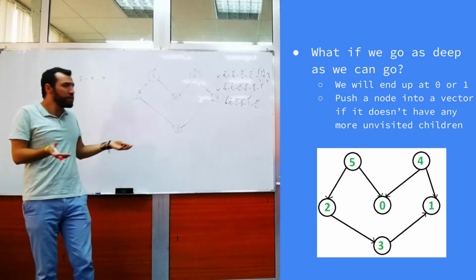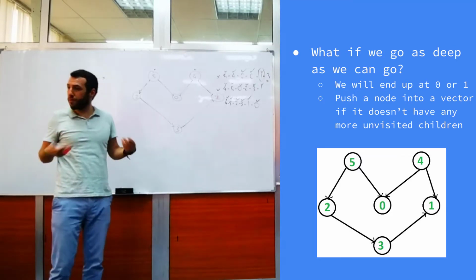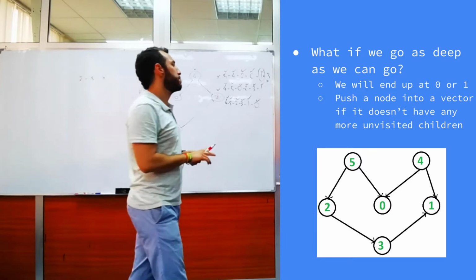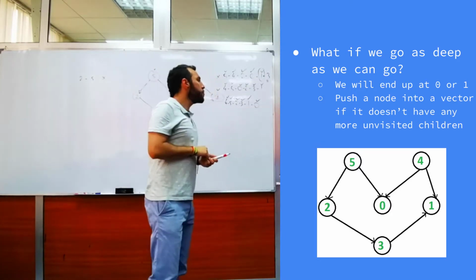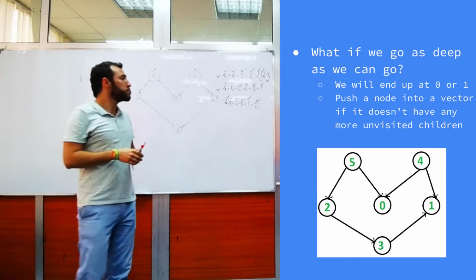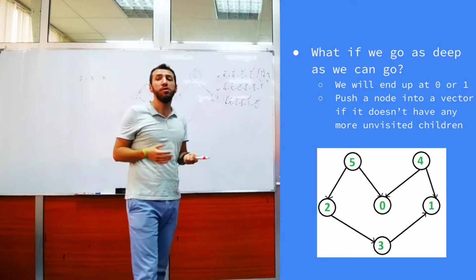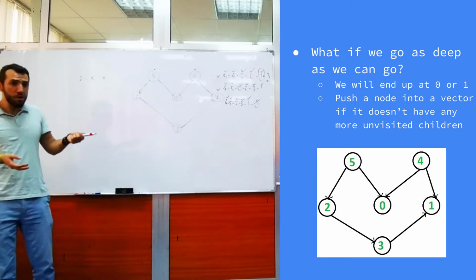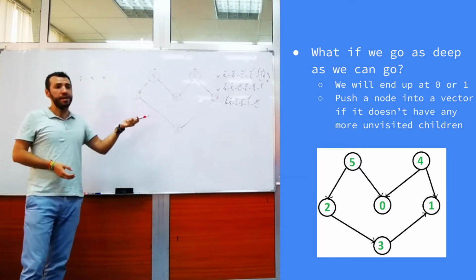So, what do we have to do with this topological order? Why do we care about this? Now let's think of some applications. Let's say we want to do some prioritization among jobs. Or we are trying to build a curriculum for software engineering students. Some courses are prerequisites of the others, right?